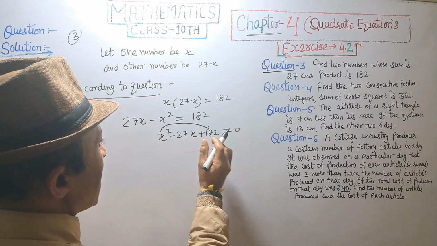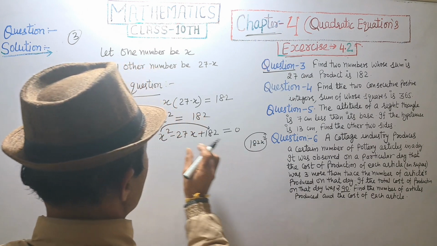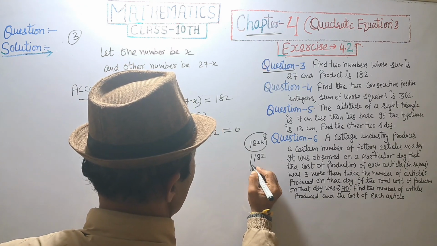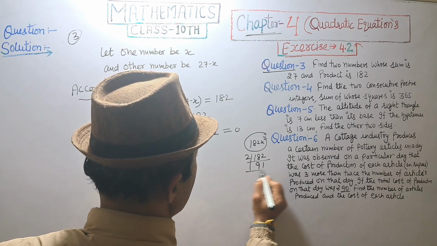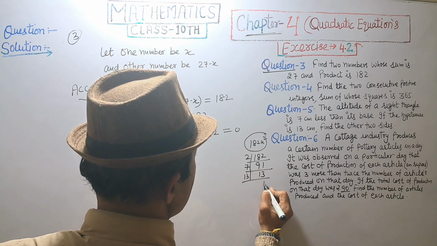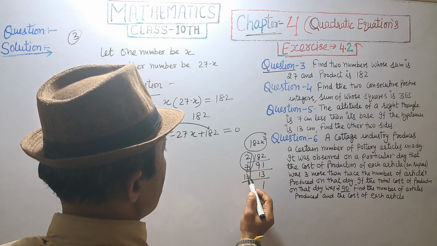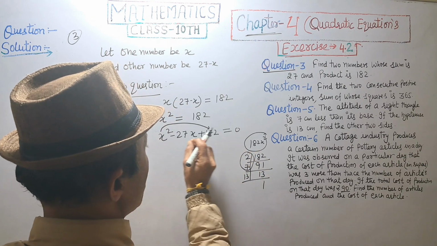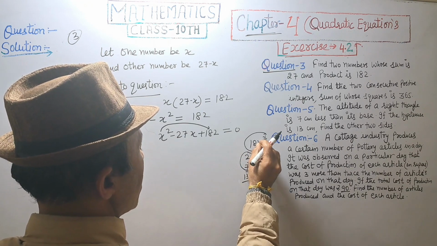The product of first and last is 182x square, and the prime factorization of 182 is 2 times 7 times 13. 7 times 2 is 14, 14 plus 13 is equal to 27, and 14 multiplied by 13 is equal to 182.